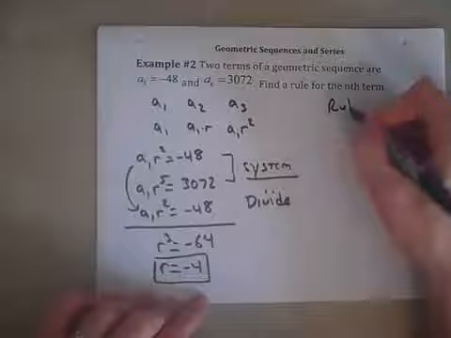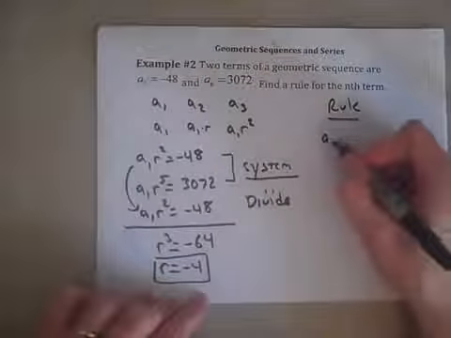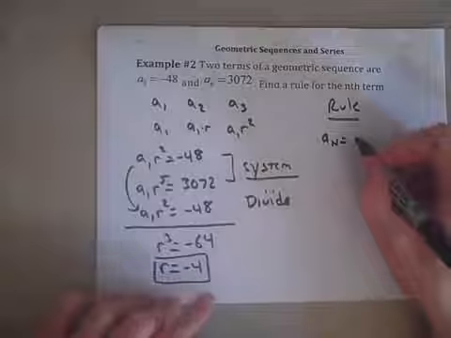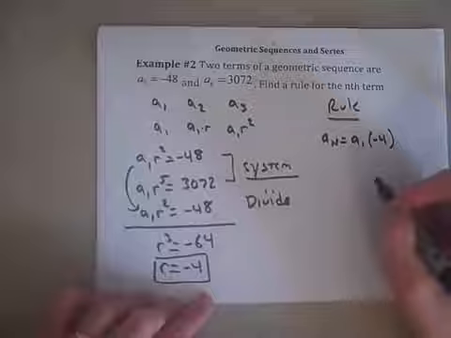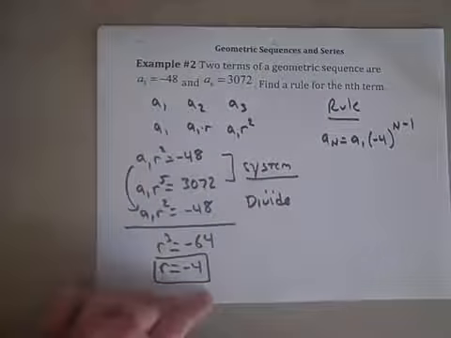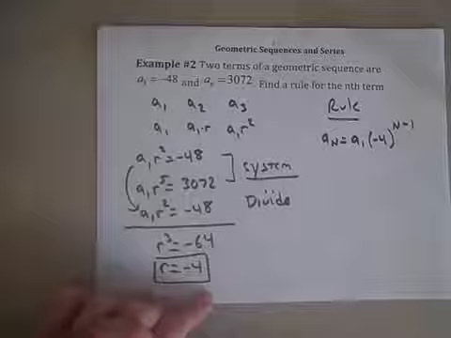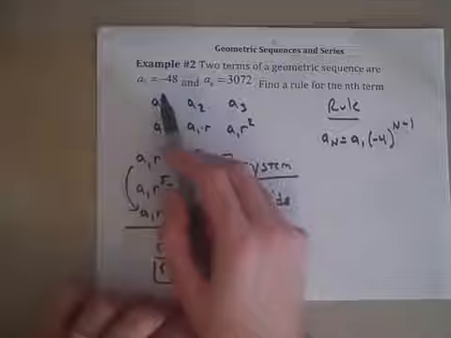So for the rule, that would mean this. The first term, we don't know what the first term is, times the common ratio to the n minus 1. So I'm almost there. That's my rule, but I need to figure out what the first term is. So let's use the easier numbers.